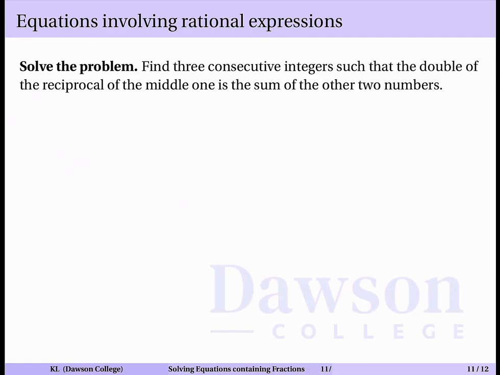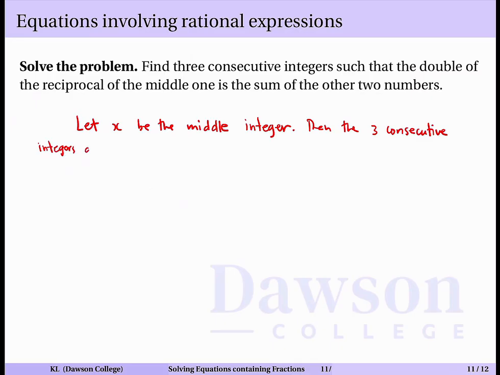So here, we can let x be the middle integer. Then the three consecutive integers are x minus 1, x, and x plus 1.